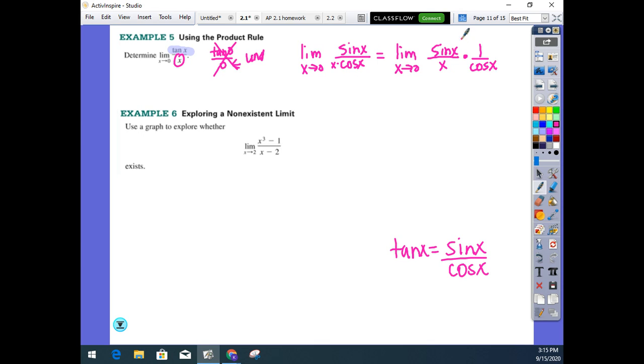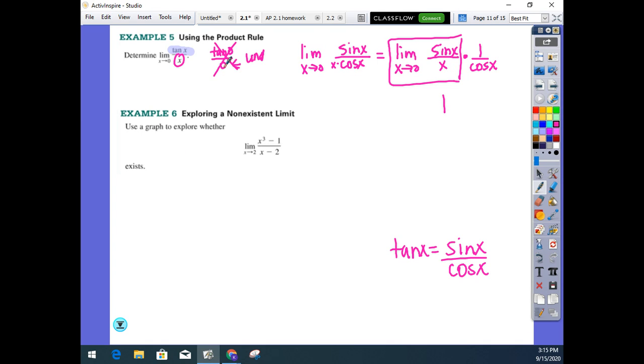Do you remember this right here was what we investigated earlier with the calculator? What y value did this get close to? 1. So I can separate this out algebraically and find the limits of the pieces if I can't plug it in right away.